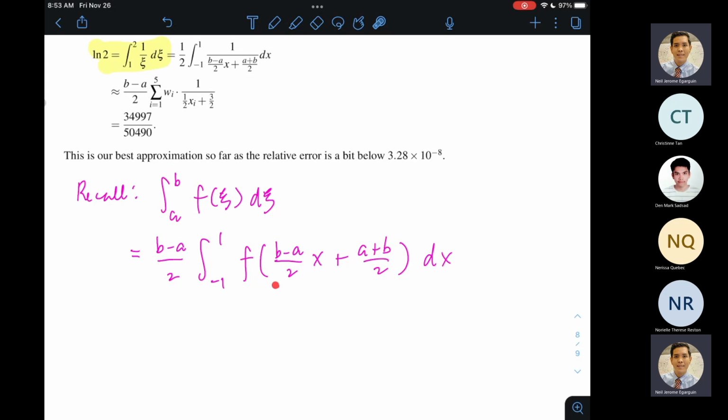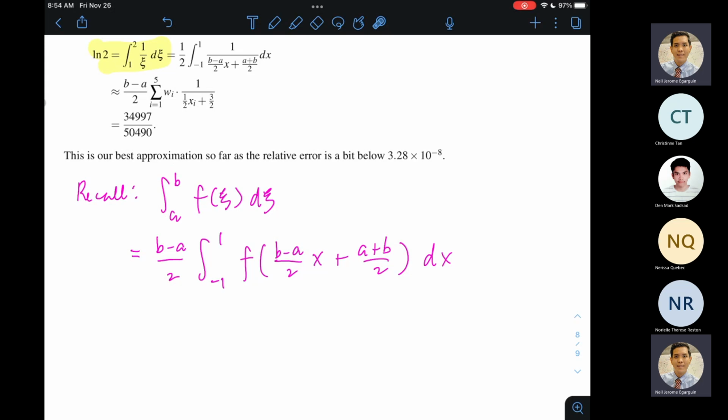Okay, so ito yung nangyayaring translation and scaling which should be familiar to you kasi ito rin yung ginamit nating pang-translate ng roots ng Legendre polynomials sa Chebyshev polynomials para makuha yung interpolating polynomial over an arbitrary interval.